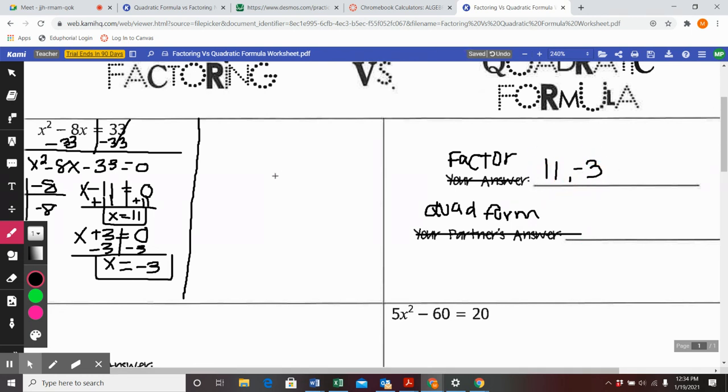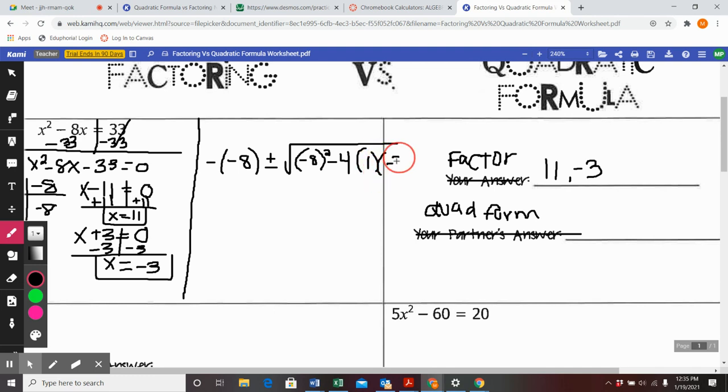So now what I'm going to do is set up quad formula, and then I'm just going to put it in Desmos and see if it works. So negative, what's your B? Negative 8 plus or minus the square root of B squared minus 4. A is 1.